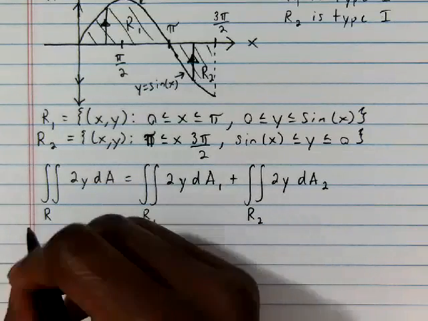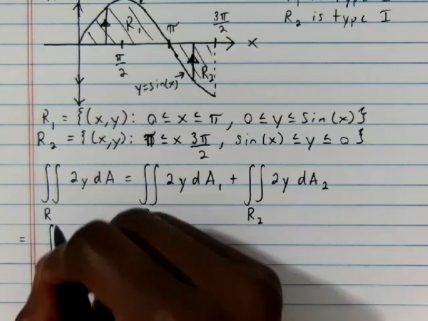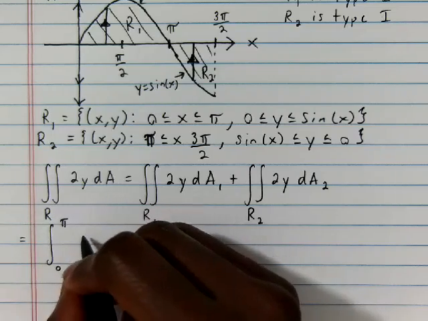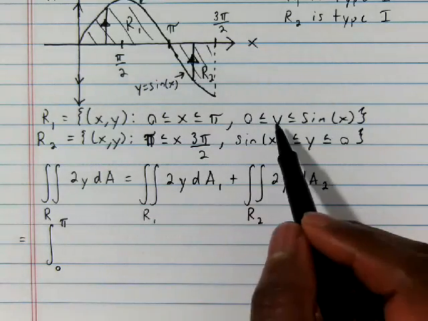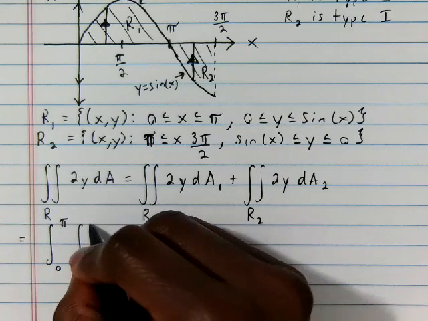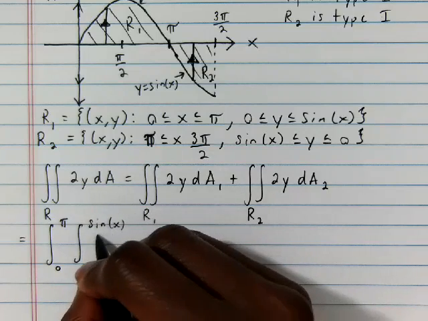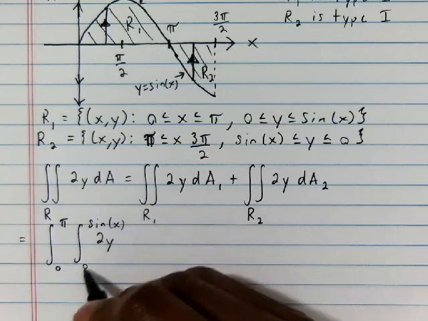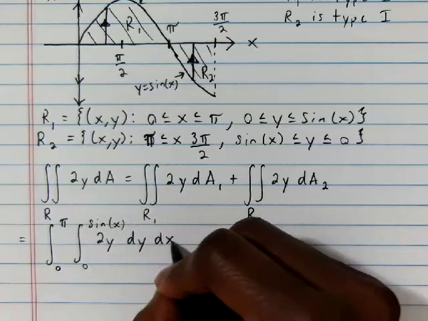And this equals the integral from 0 to pi, and then from 0 to sine of x, of our integrand 2y. This has x in it, which tells me that's dy right there, and then that has to be dx.